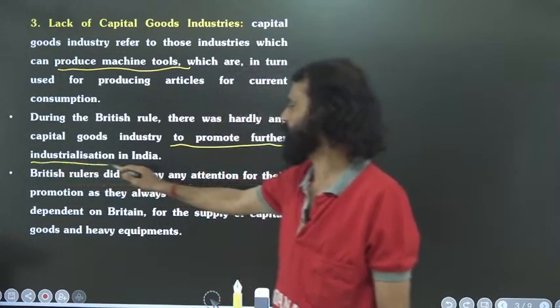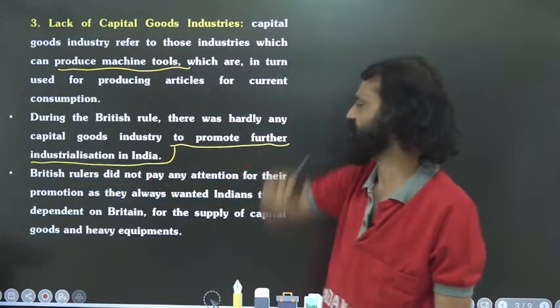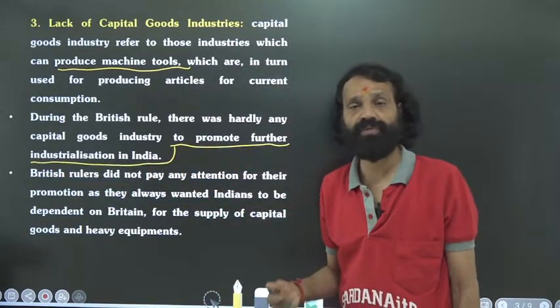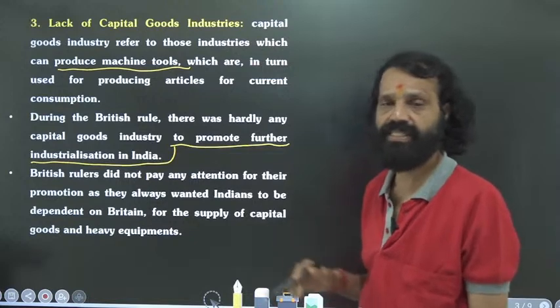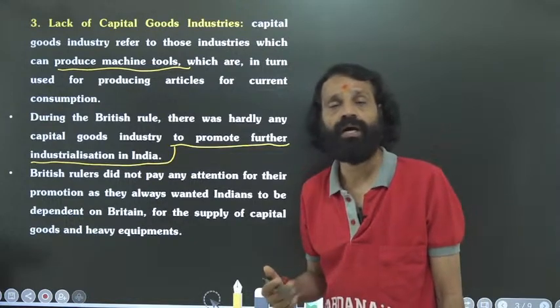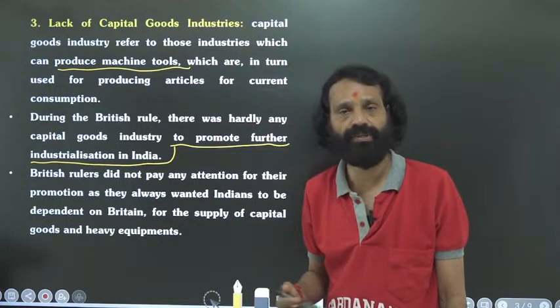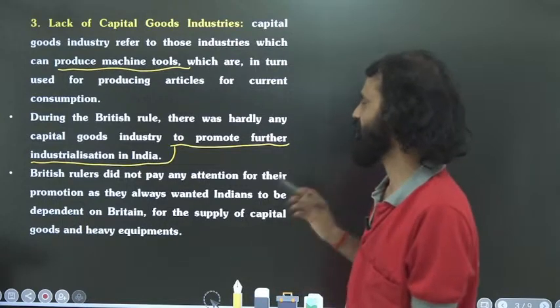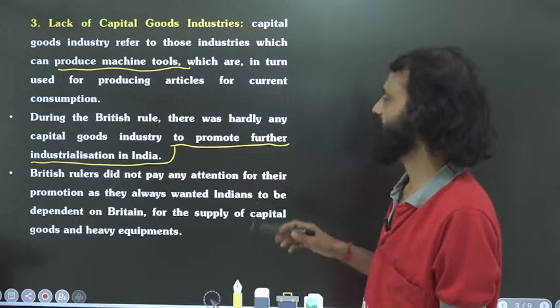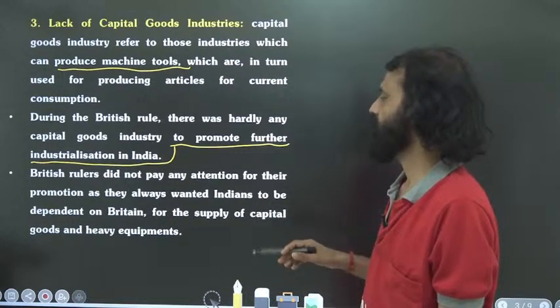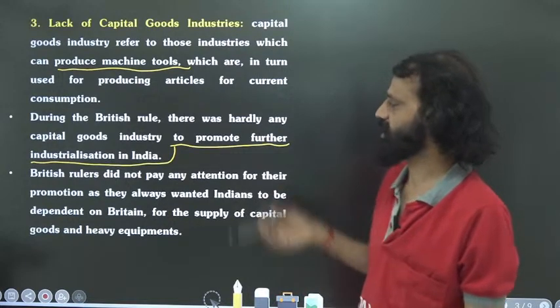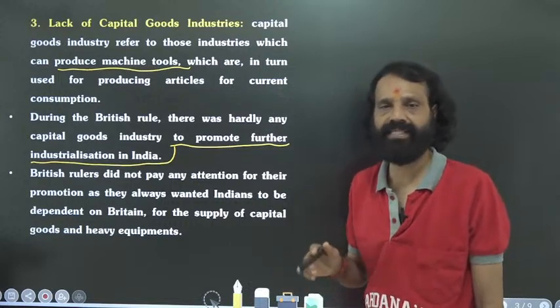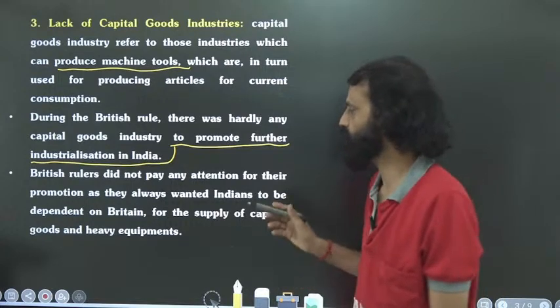If we wanted to promote more industries in India, then what do we want? We want more such industries which can produce machines and other tools for further development. So, further development is important. That didn't happen. So, the exact industrialization didn't take place in India during the Britishers' rule.